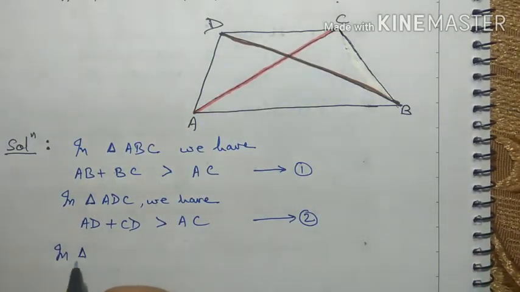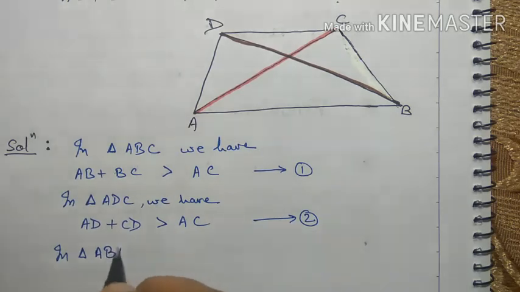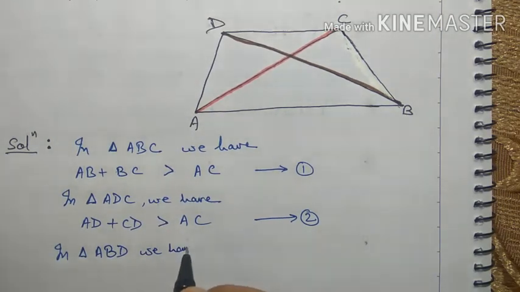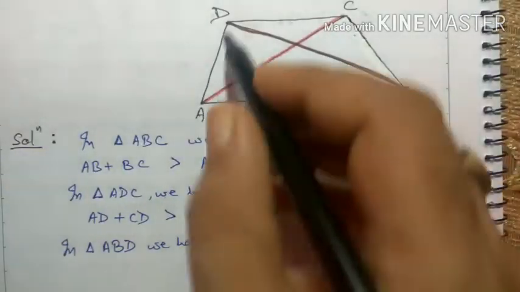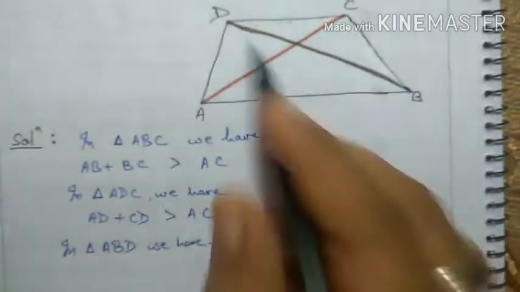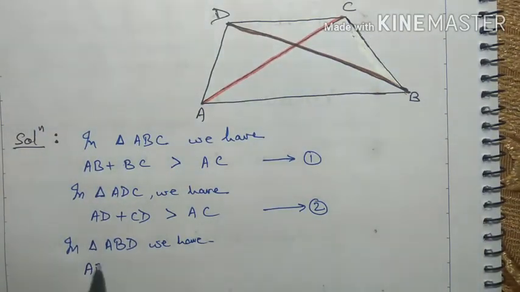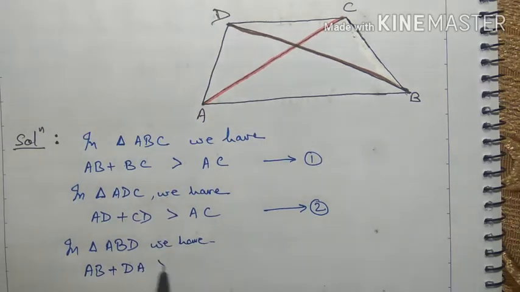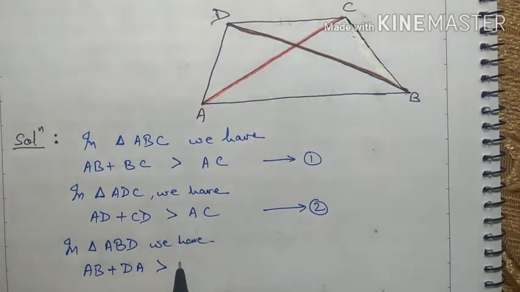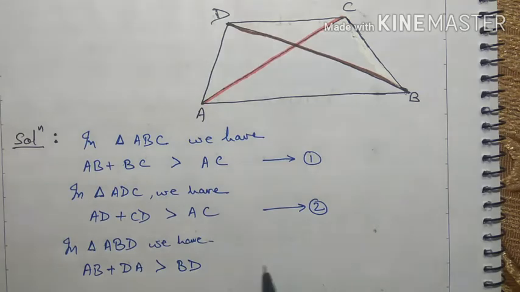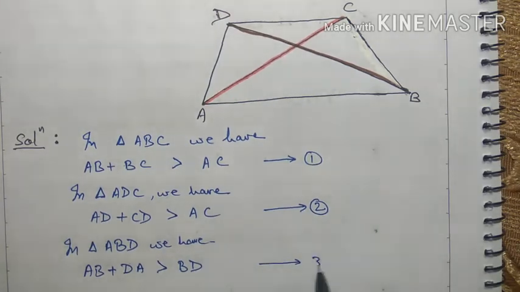In triangle ABD, what we have, AB plus AD is greater than BD. Okay, right? So AB plus DA or AD is greater than BD. Make this equation 3.